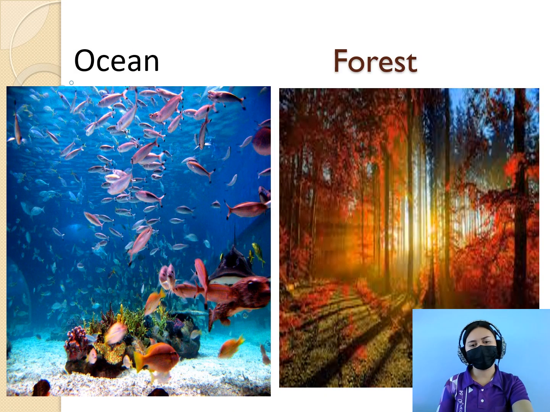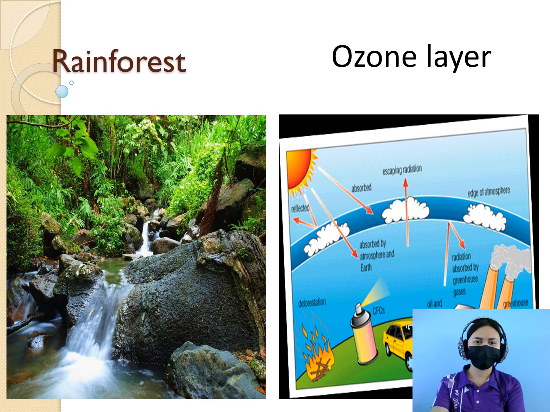Ocean. Ocean is one of the natural resources, and it is also a habitat of a lot of fish species. Forest. Rainforest. Ozone layer.